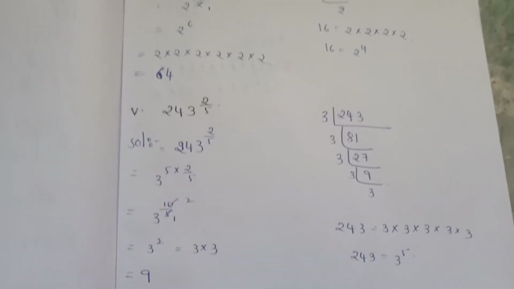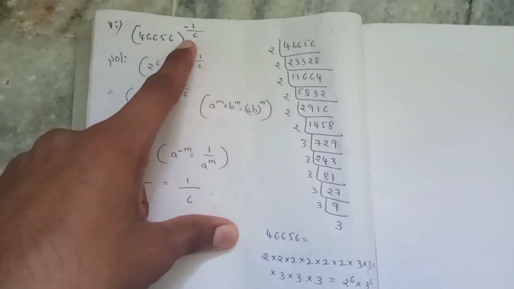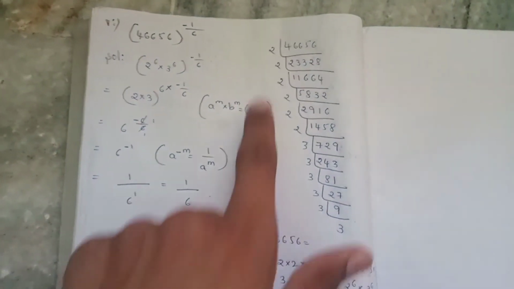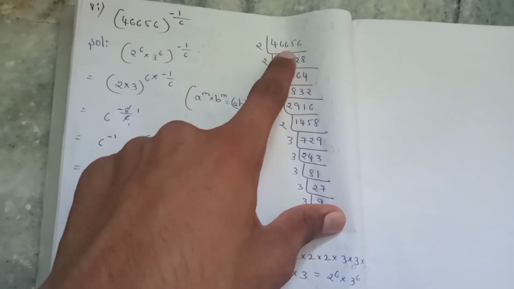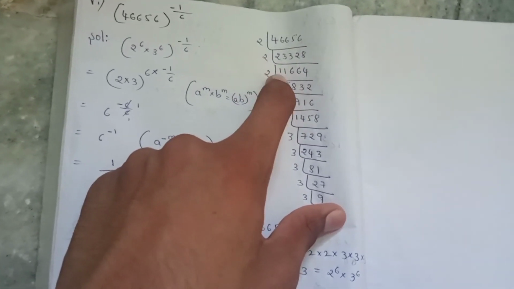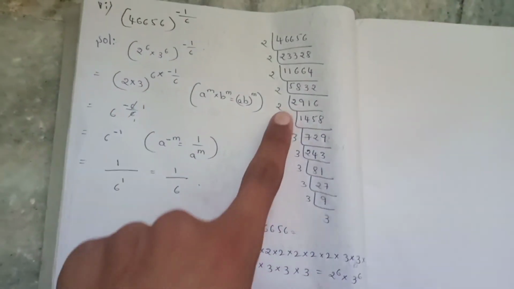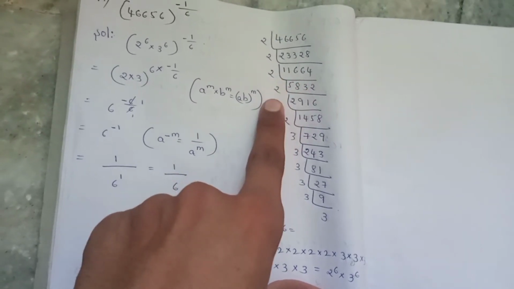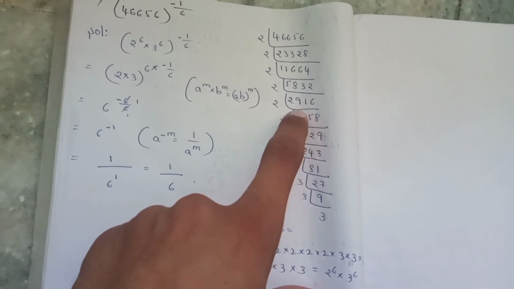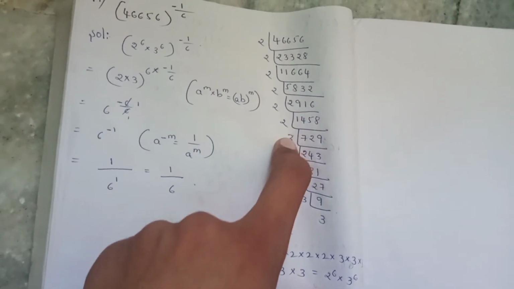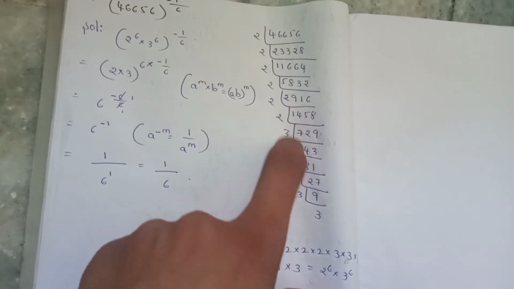3 3s are 9. Next, here 46656 power minus 1 by 6. Now we have to do a prime factorization. 2 into 23328, 2 into 11664, 2 into 5832, 2 into 2916, 2 into 1458, 2 into 729.